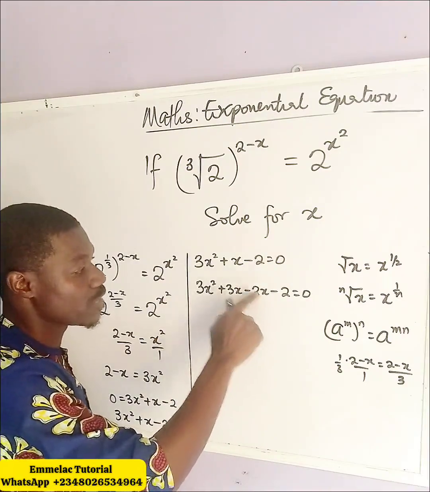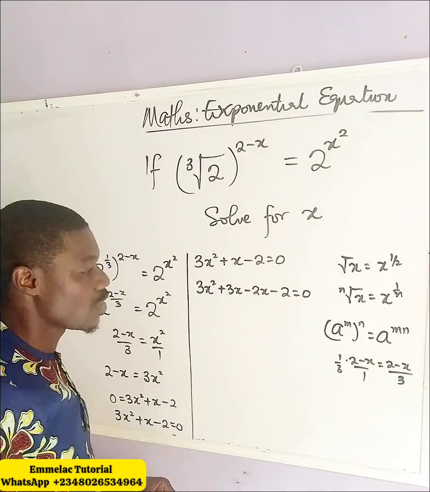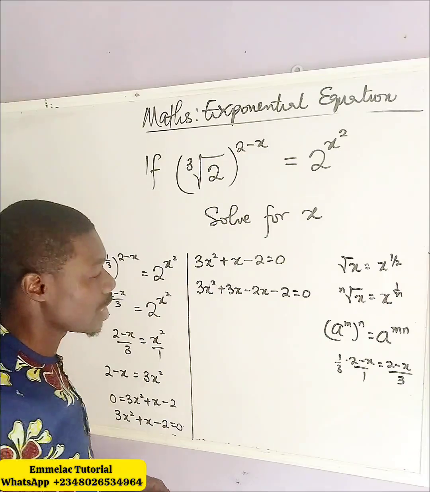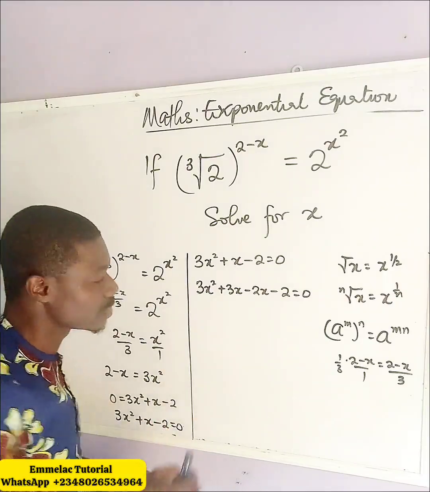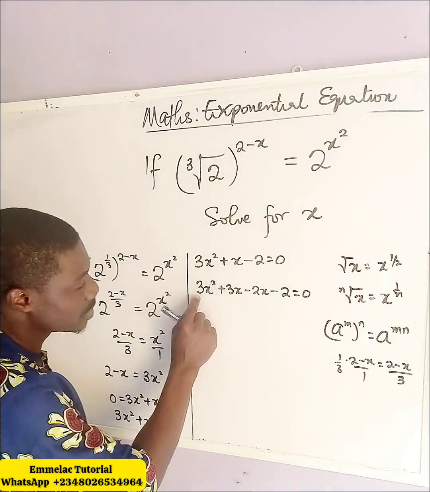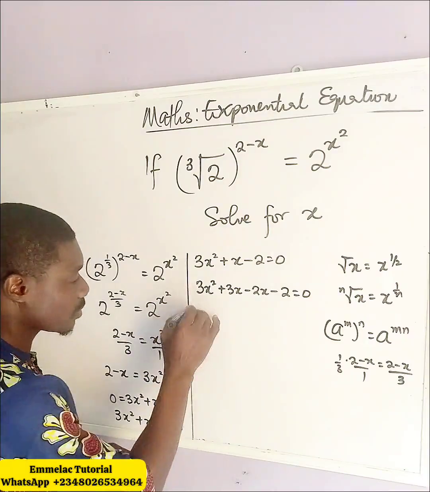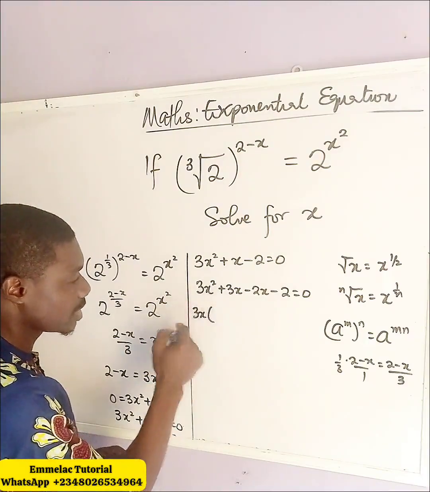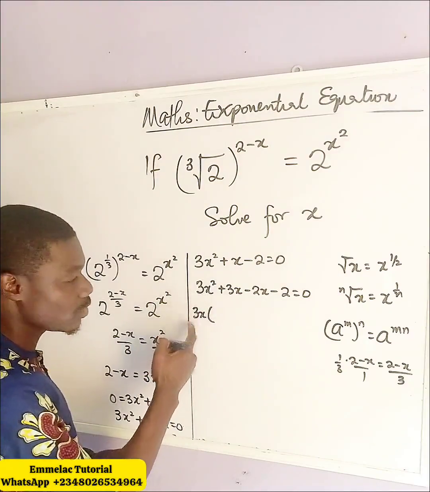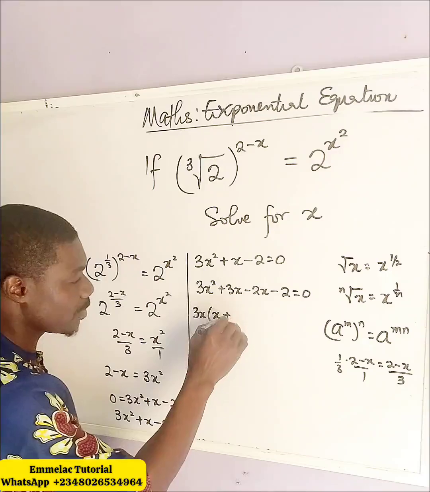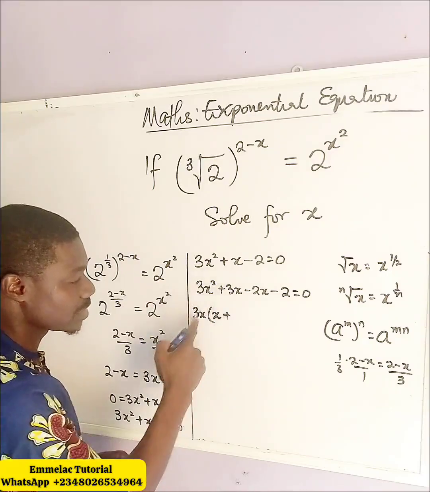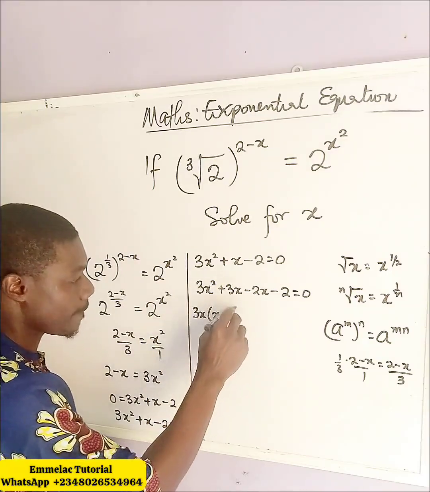Now we have to factor out. The common factor between 3x squared and 3x is 3x. Factoring out 3x, we are left with x, then plus 3x divided by 3x gives 1.